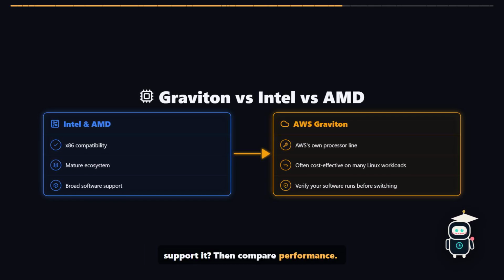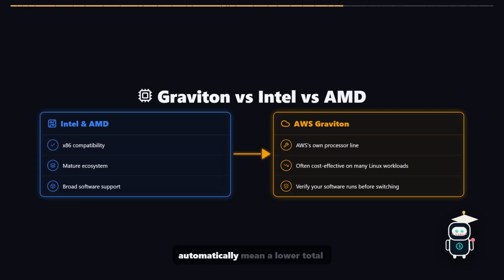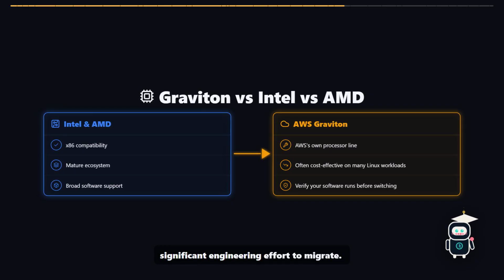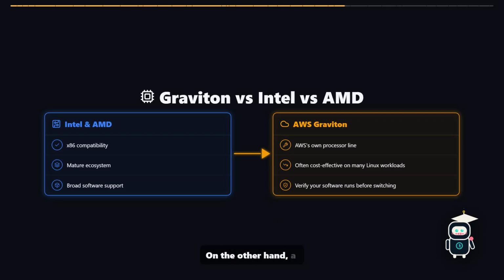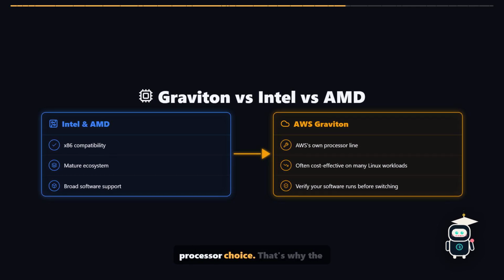Then compare performance. A lower hourly price doesn't automatically mean a lower total cost if the workload takes longer to complete or requires significant engineering effort to migrate. On the other hand, a compatible workload may gain meaningful price-performance benefits from a different processor choice.